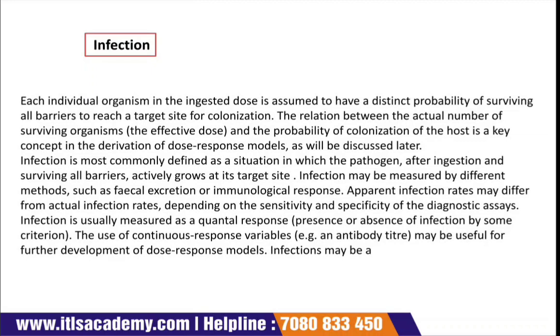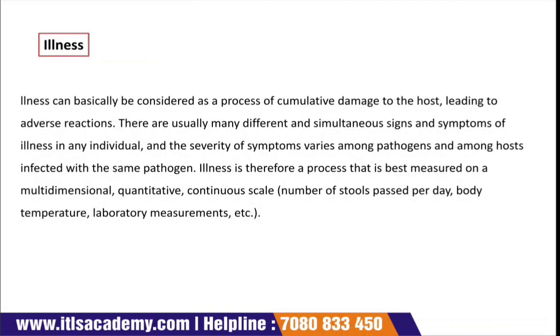So, infection is usually measured as a binary response. What is a binary response? It is the presence or absence of infection by some criterion. The use of continuous response variables, for example antibody titer, may be useful for further development of dose response models. So, in this way, infection enters the body, reaches the target site, and causes a person to fall ill.